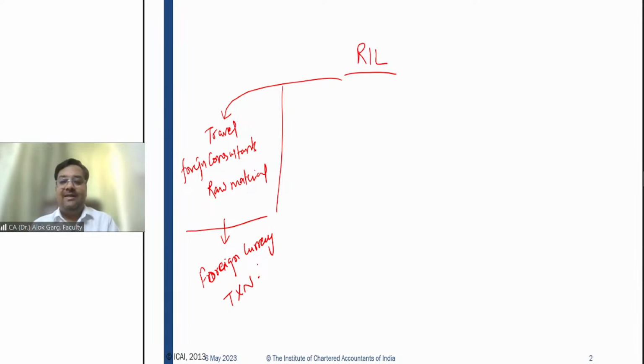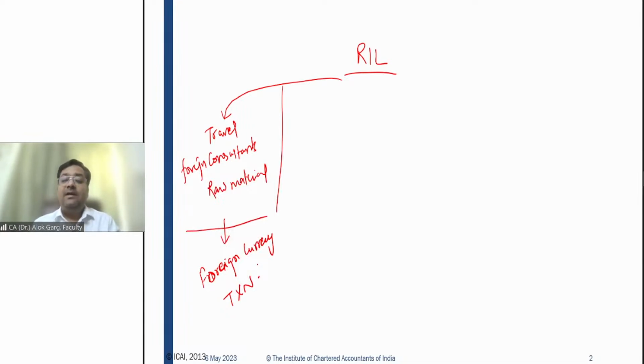Now the question arises, sir, if Reliance is paying the foreign consultants in the tune of 1 lakh US dollars, how does this 1 lakh US dollars have to be recorded in Indian books? Because the books are of India. Reliance has to do the booking in its books in Indian rupees.